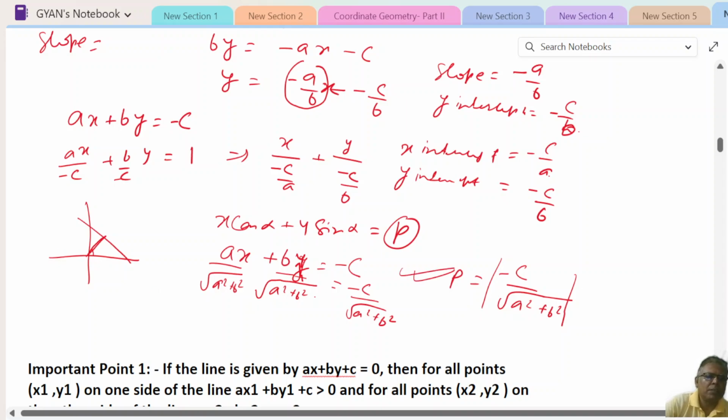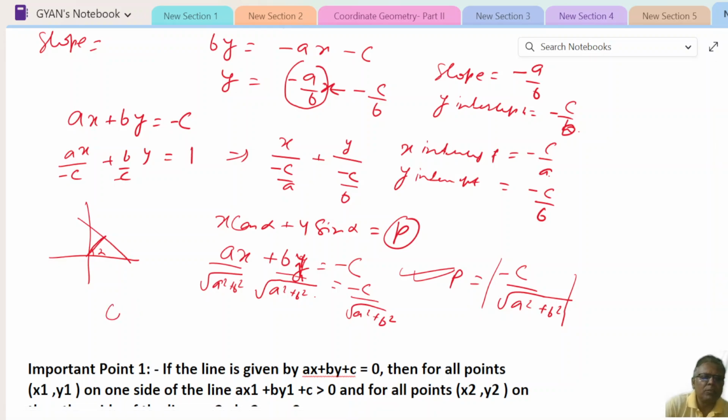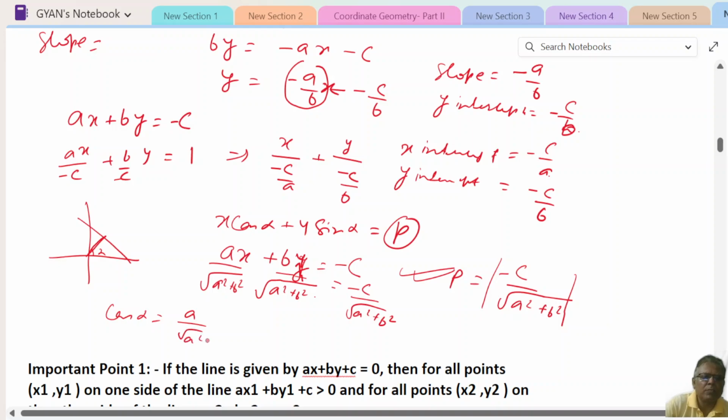And for alpha, cos alpha is equal to a by root over a square plus b square, and sin alpha is equal to b by root over a square plus b square. Why?